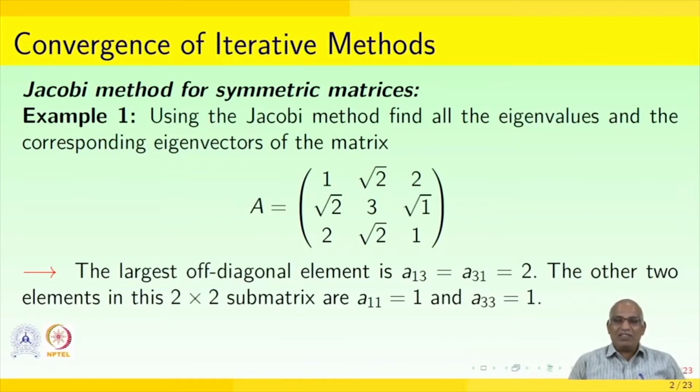There are three iterative methods, as we have seen: Gauss-Jacobi method, Gauss-Seidel iteration method, and successive or relaxation method. Every method has its own advantages and disadvantages. One method is faster compared to some other method and vice versa.